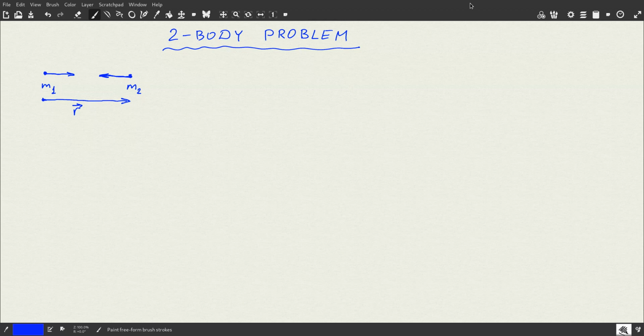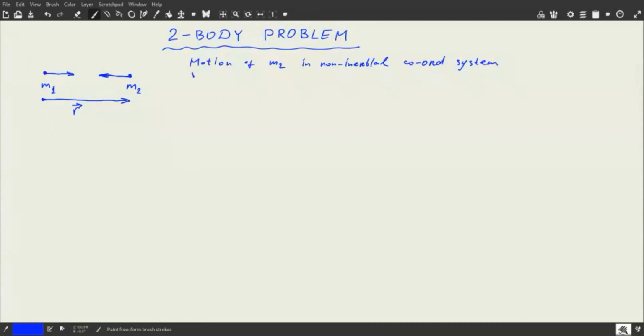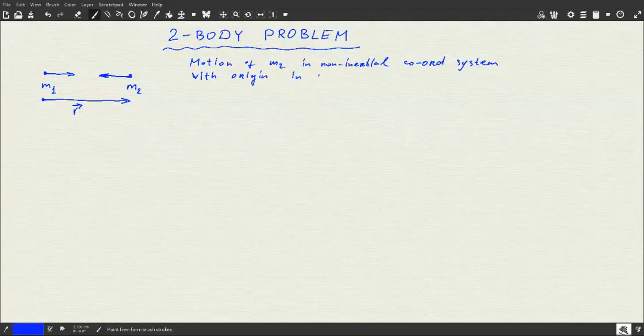So what we are doing now is studying the motion of m2 in the non-inertial coordinate system centered on m1, with origin in m1. r is a radius vector of m2 in this coordinate system.